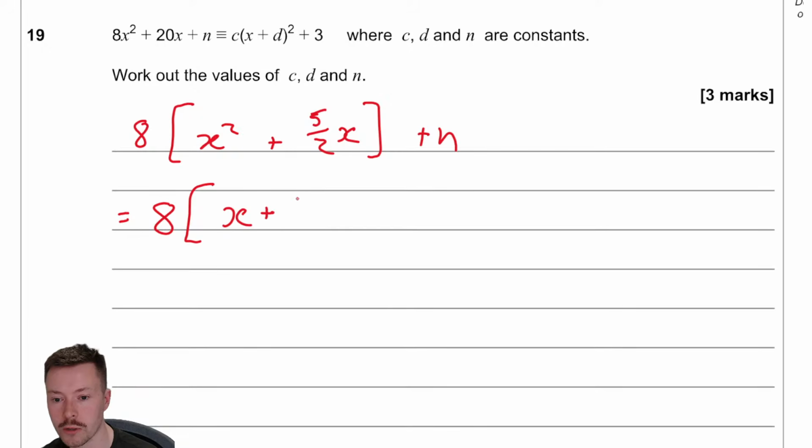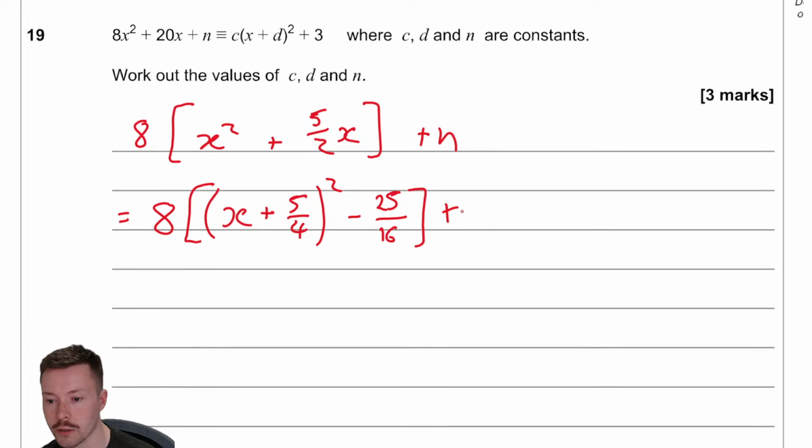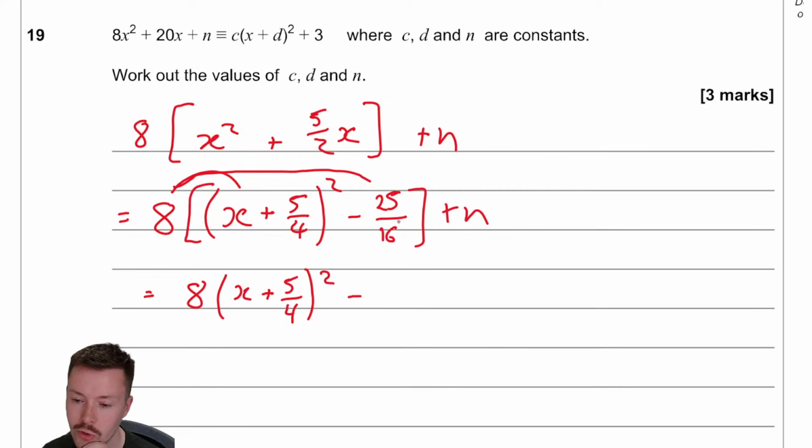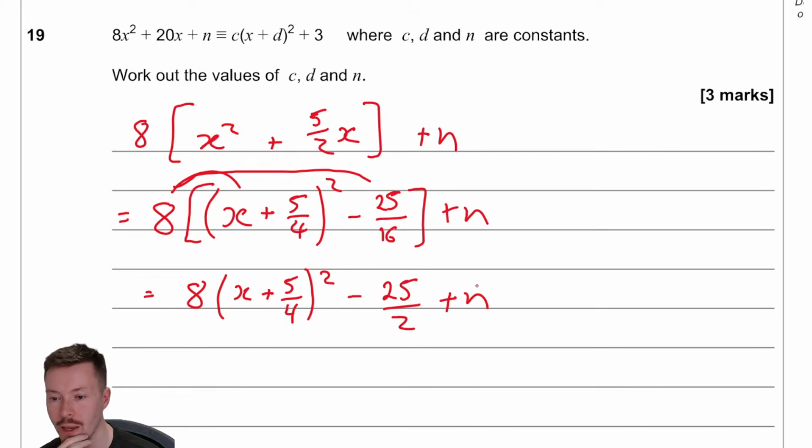So x plus 5 over 4, you half the 5 over 2, squared, minus this squared, so minus 25 over 16 plus n. Multiply the 8 back in, so we get 8 and then x plus 5 over 4 squared minus, now the 8 on top will mean that I can basically cancel the 8 and the bottom becomes 2 because 8 over 16 is a half, so I get minus 25 over 2 plus n.